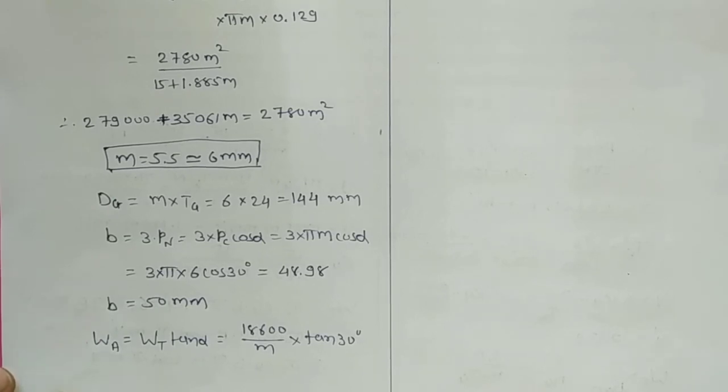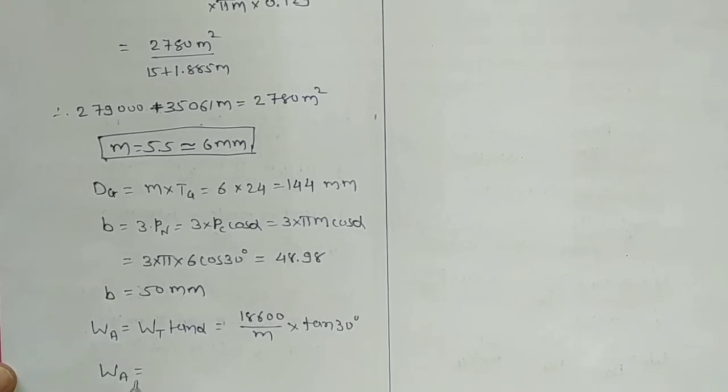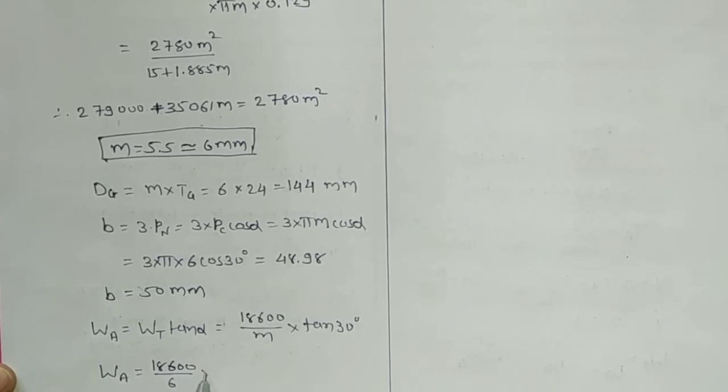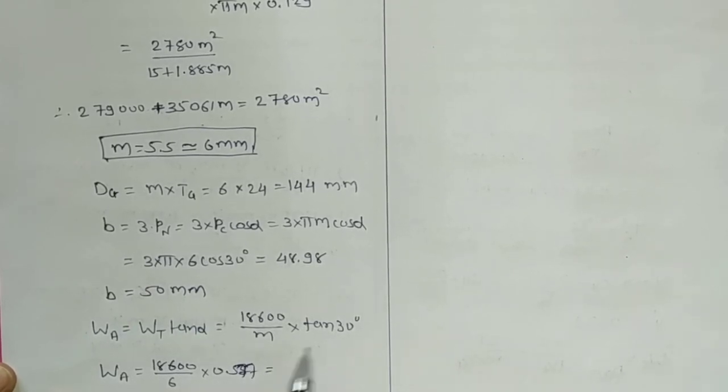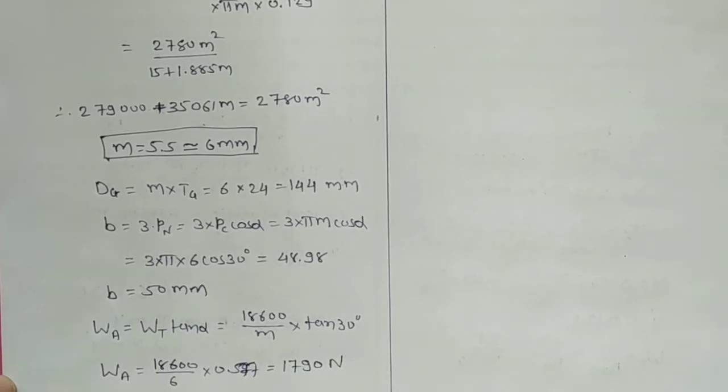Okay, so therefore you will find WA is equal to 18,600 by 6 into 0.55577. So therefore the axial load or the end thrust is equal to 1790 Newton. This is our answer. Okay.